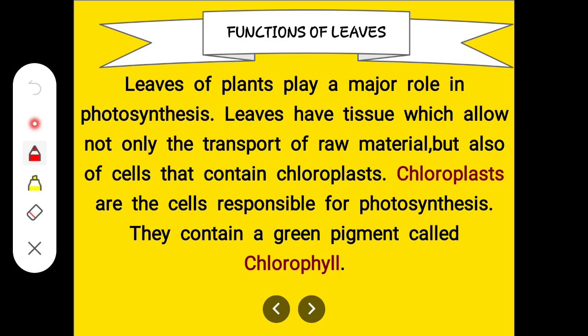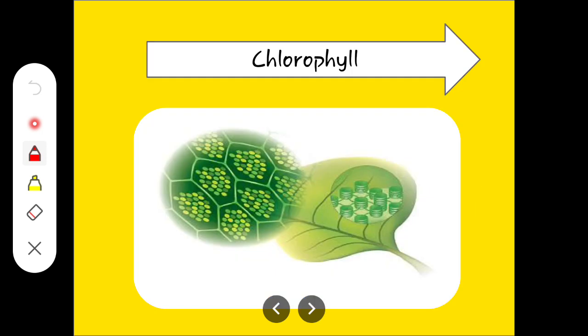Leaves have tissue which allows not only the transport of raw material but also of cells that contain chloroplasts. What are chloroplasts? Chloroplasts are the cells responsible for photosynthesis. They contain a green pigment called chlorophyll. So this is an example of chlorophyll. So this is the chlorophyll and this is the chloroplasts.